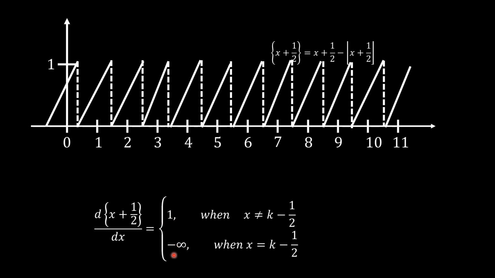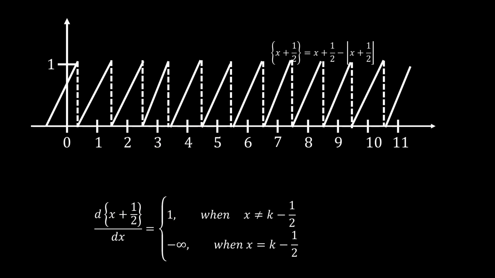So that is what we are faced with at the moment, and we're going to insert this negative infinity for when we are at these transition points, but otherwise it's just 1.